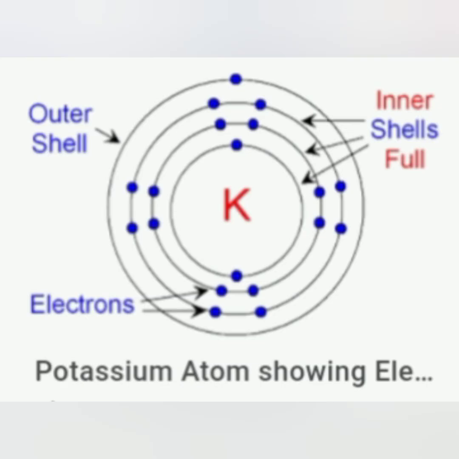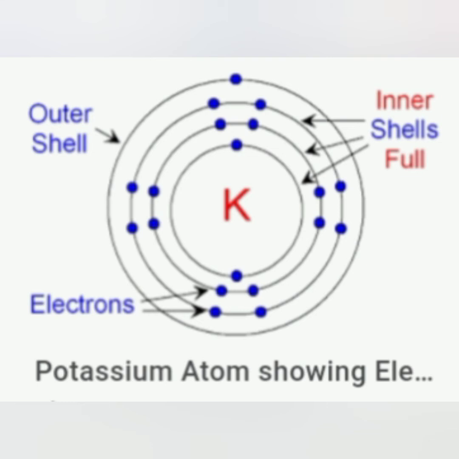Okay. Now potassium contains 19 electrons. So the first cell contains 2 electrons and the second cell contains 8 electrons, leaving 9 electrons which should occupy the third cell. According to the rule 2n², the third cell could contain 18 electrons. But according to the octet rule, the outermost cell cannot have more than 8 electrons. Hence the third cell takes only 8 electrons and the fourth cell takes the last electron.